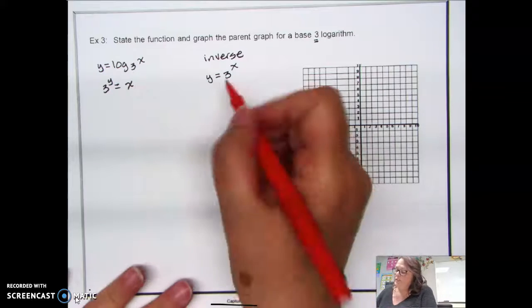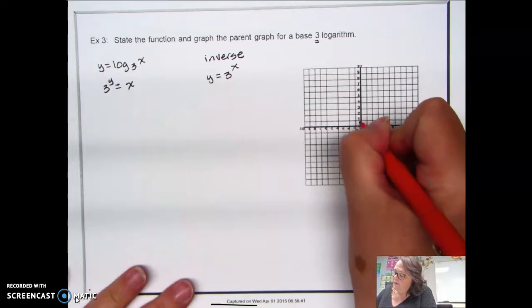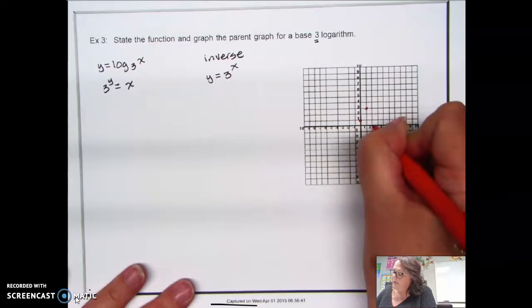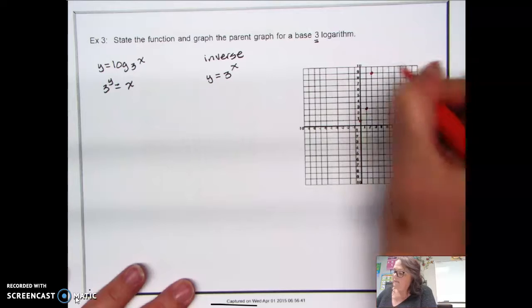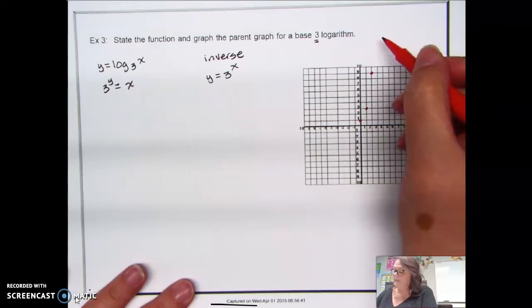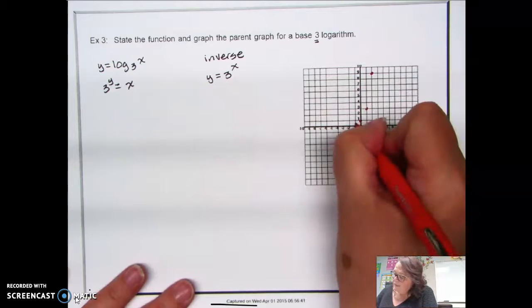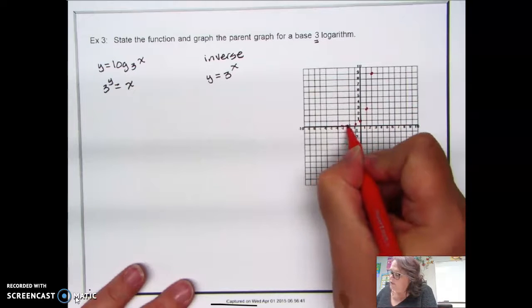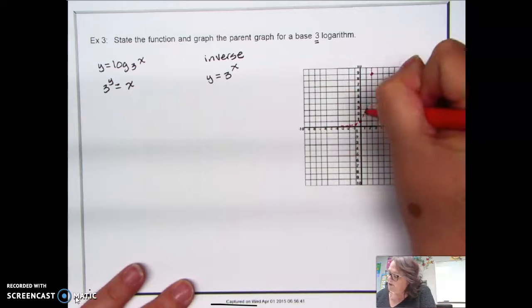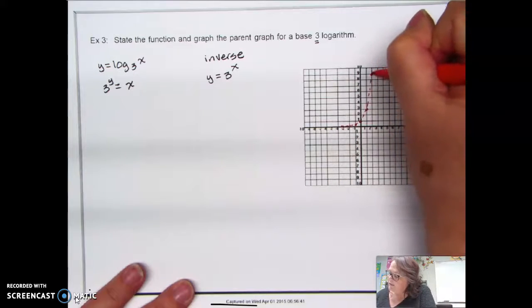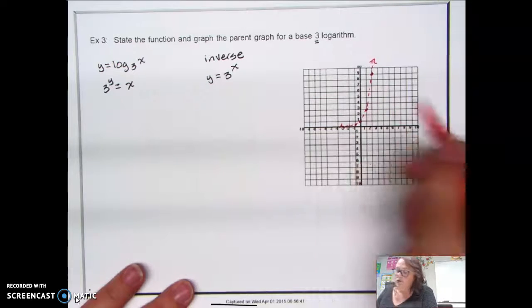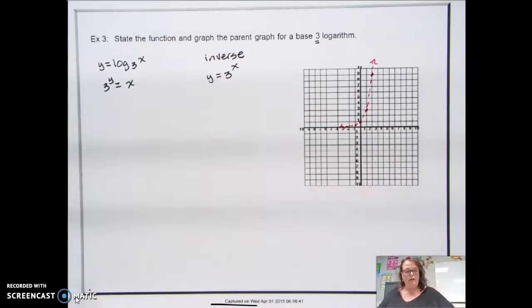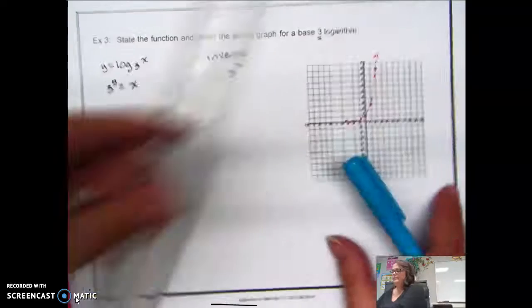So my inverse says 3 to the 0 power is 1, 3 to the first power is 3, 3 to the second power is 9, to the third power would have been 27. 3 to the negative 1 is 1/3, and then 1/9, etc. So you notice that we get a sharper increase than we did with the base of 2, but we still have that horizontal asymptote at y is equal to 0.